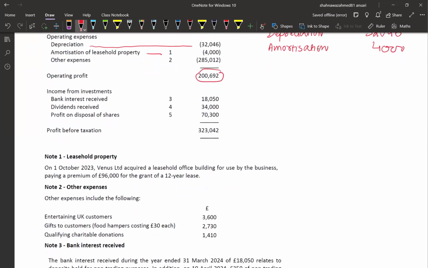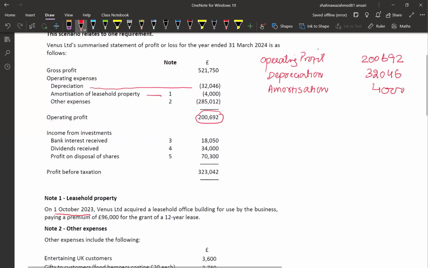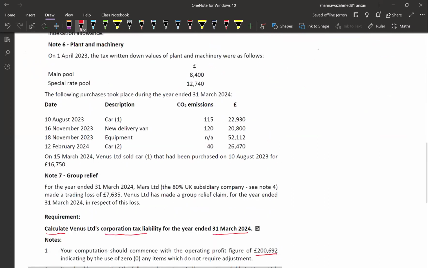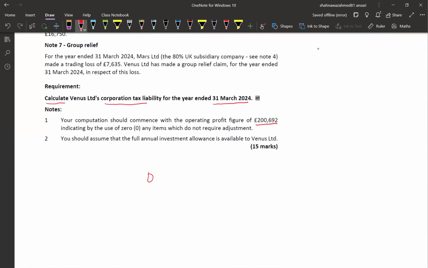Note number one is on 1st October 2023. Our year end is March 2024. Venus Limited acquired a building for use, paying a premium of 96,000 for a grant of a 12-year lease. So we need to identify the deduction against the premium. And the formula is premium into (50 minus the years in the lease) divided by 50, and time apportioned from October.